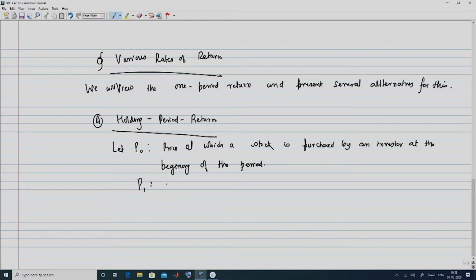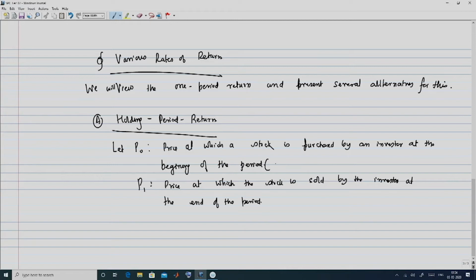Then let P1 be the price at which the stock is sold by the investor at the end of the period.